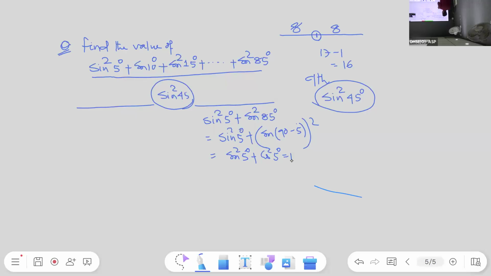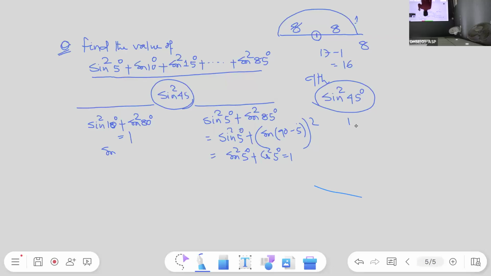Similarly, the second term from the beginning, sin square 10 degree, plus sin square 80 degree, the second term from the end, their value will be equal to 1. Similarly, sin square 15 degree plus sin square 75 degree, the value will be 1. Pairing one from left and one from right, each gives 1, so there are 8 such values, plus the middle term itself, sin square 45.